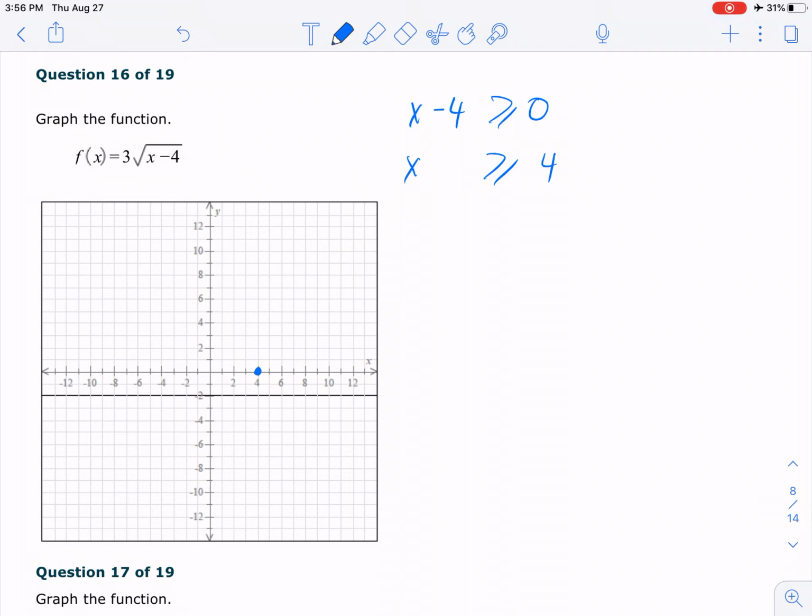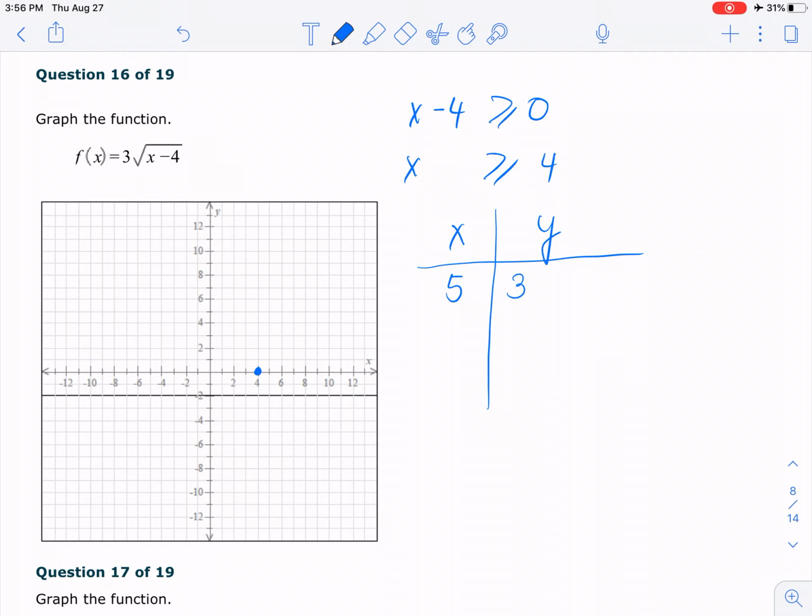Now for the table, I can simply try to pick numbers so I can get a perfect square. Once I get a perfect square, I take the square root, I get a whole number. Okay, so we already picked 4. If I pick 5, 5 minus 4 is 1, and when you take the square root, you get 1, which is good.